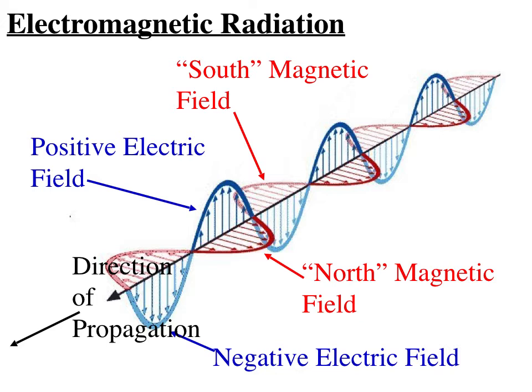So the direction that the black line is pointing is the direction of propagation of the light beam as it swishes from positive to negative electric field and switching from north to south magnetic pole.